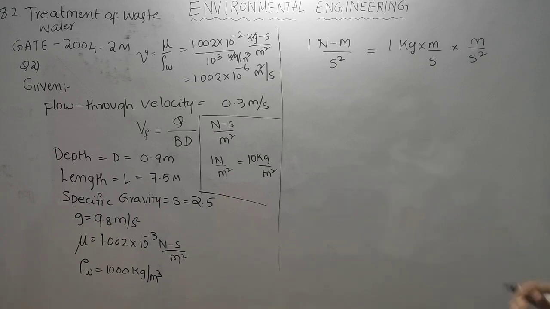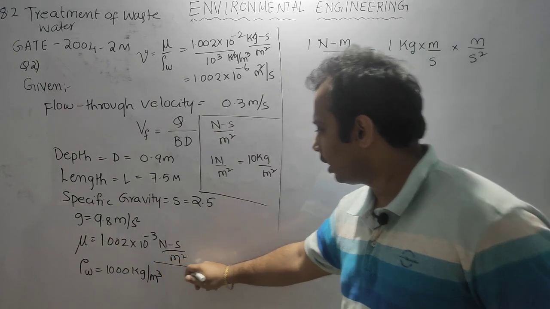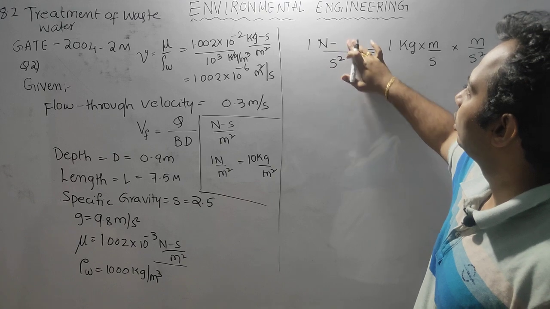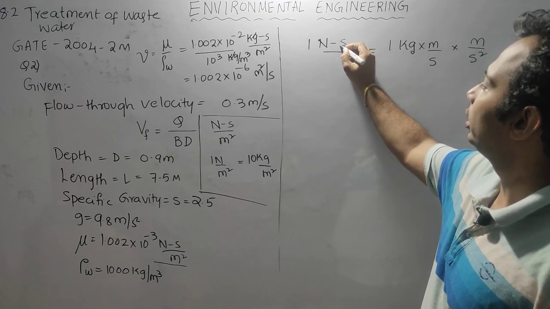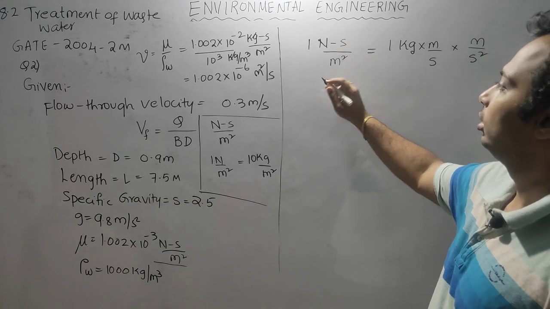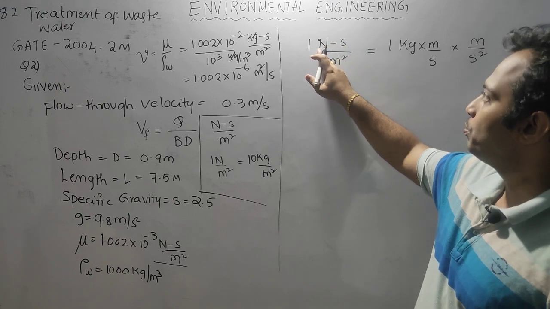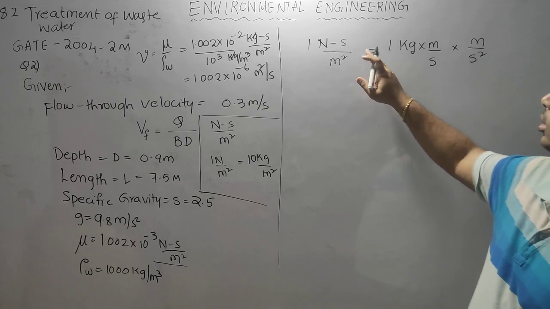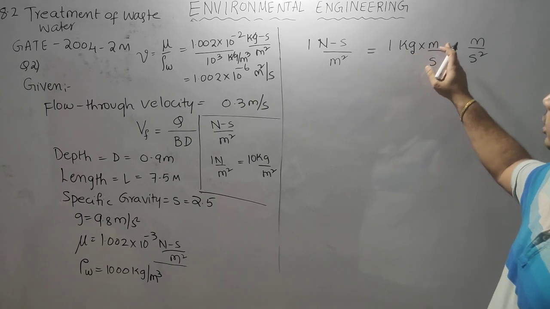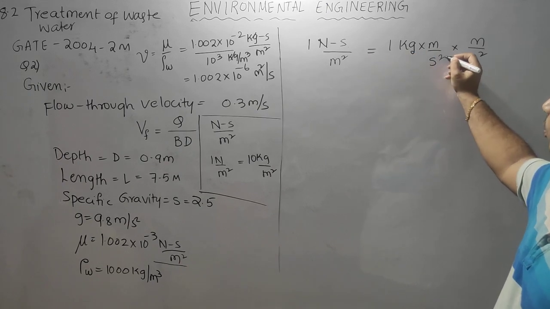Sorry, small correction. Here the unit is Newton second per meter square. So what is Newton? Newton is 1 kg into acceleration due to gravity, meter per second square.